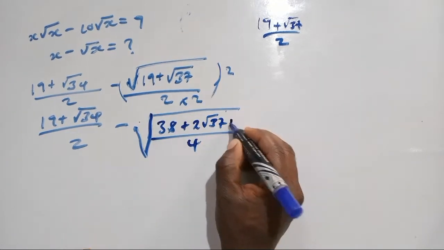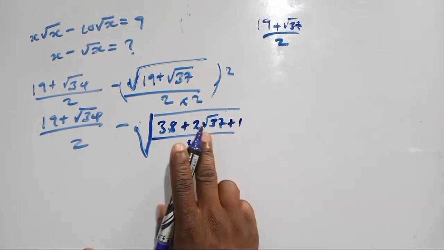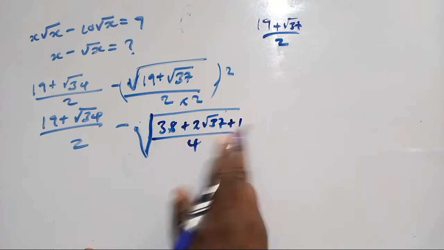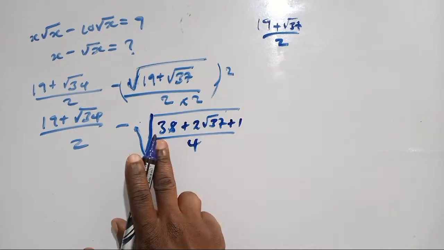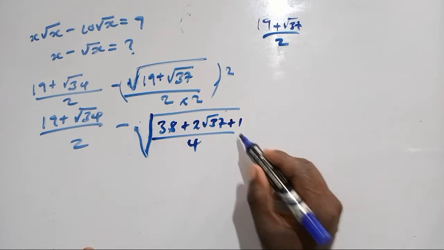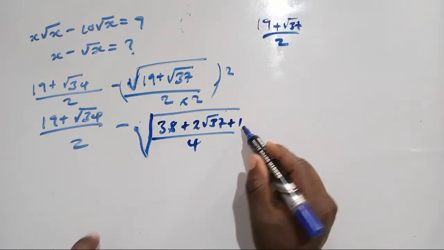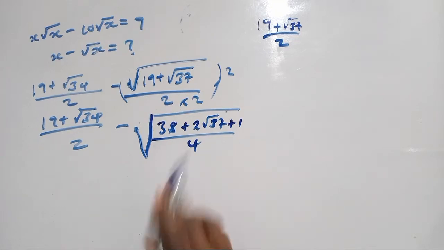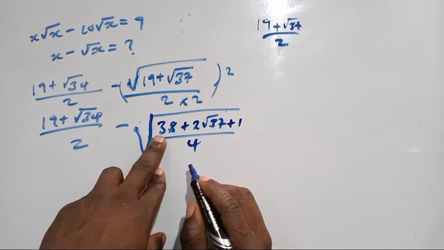So we're going to say plus 1, because 37 plus 1 is 38, and 37 times 1 is 37, right?